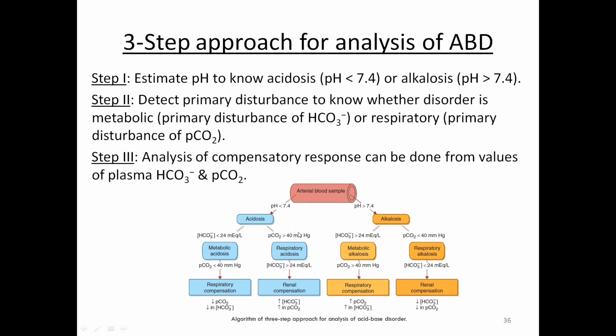So what do you think is happening here? Can you pinpoint a primary disturbance here? So we can't. Why? Because both your values, bicarb is also less than 24, PCO2 is more than 40. Both are leading to acidosis.